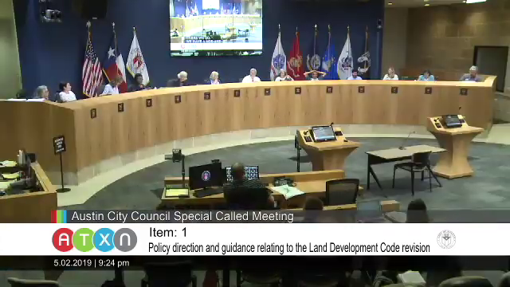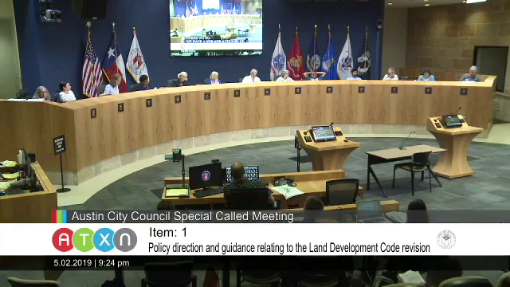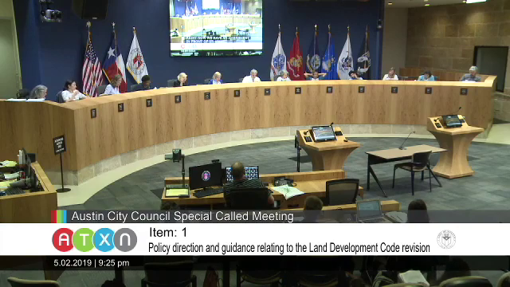Okay, I think the point is we want to make sure that kids are safe getting to and from school. Right now we have an amendment in front of us from Councilmember Tovo that has, in parentheses at the end, conditions to be proposed by staff and to include the consideration of the proximity of public schools. That's what's in front of us now.